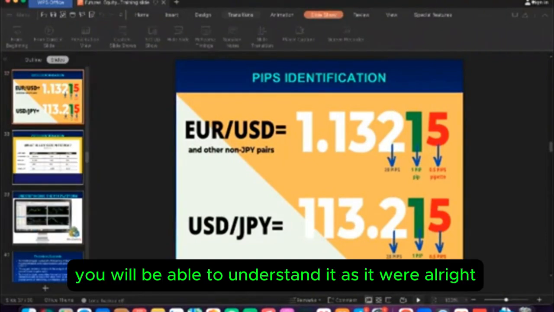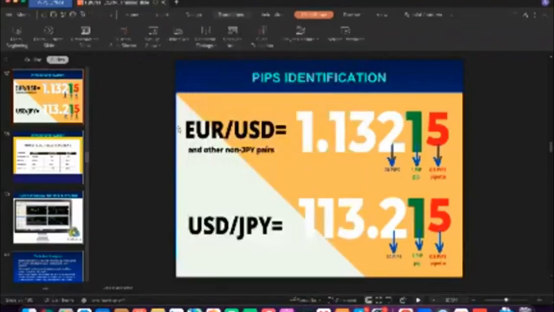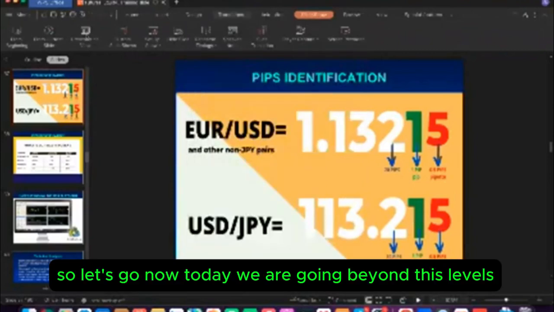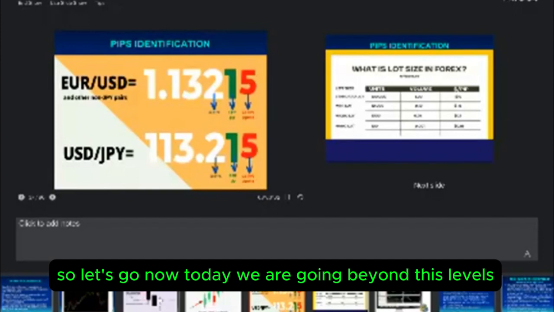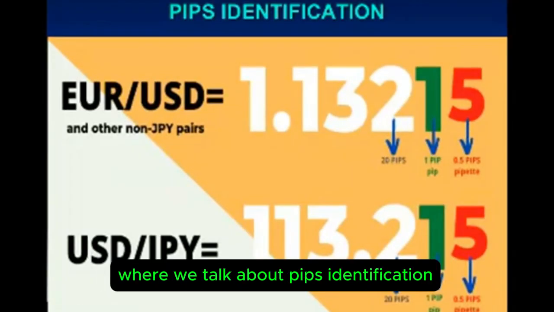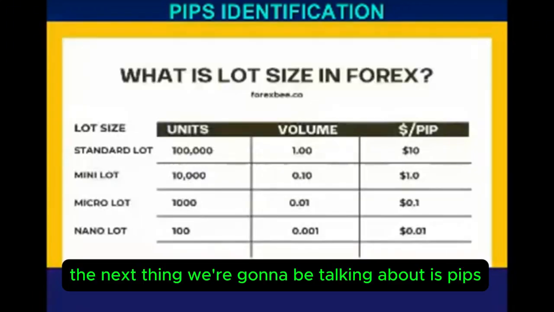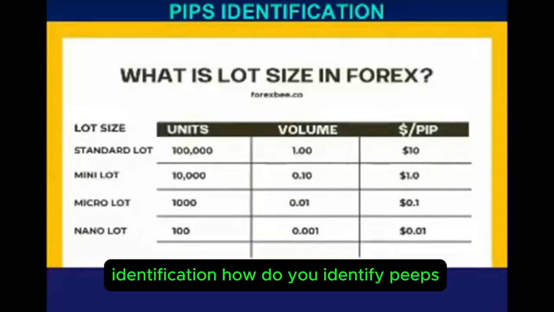You will be able to understand it. All right, so let's go. Today we are going beyond these levels. If you have not watched the video where we talk about pips identification, go watch that video. How do you identify pips?